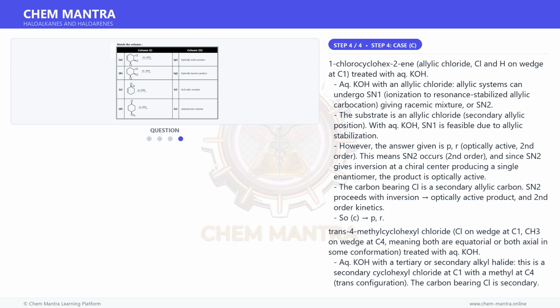And for the next step. 1-chlorocyclohex-2-ene, an allylic chloride, with Cl and H on wedge at C1, is treated with aqueous KOH. Allylic systems can undergo SN1 ionization to a resonance-stabilized allylic carbocation, giving a racemic mixture, or SN2. The substrate is an allylic chloride, a secondary allylic position.